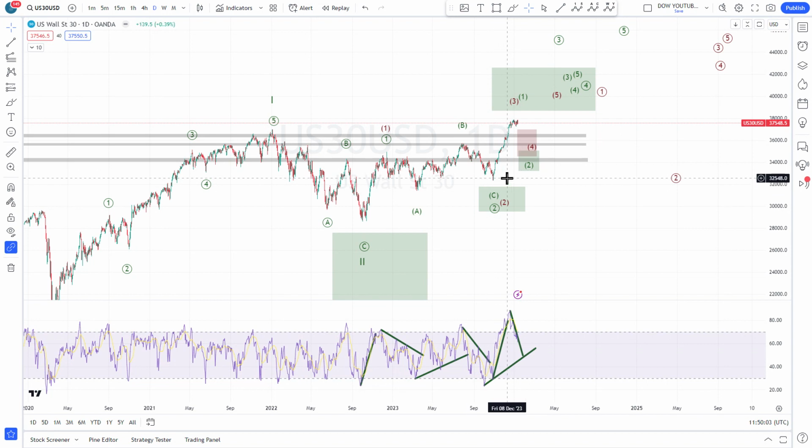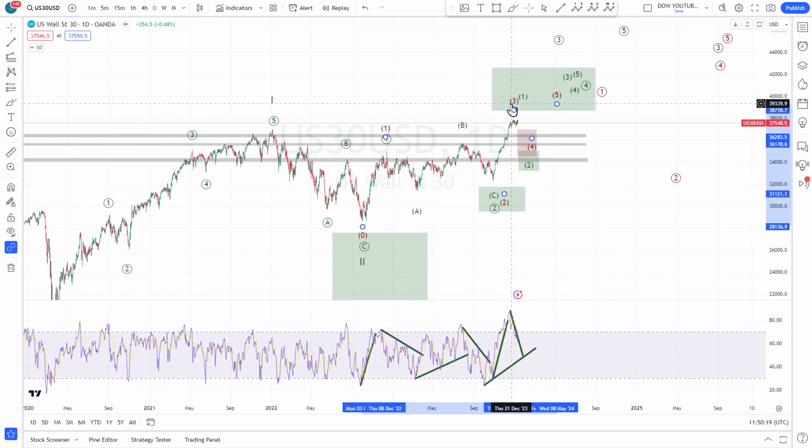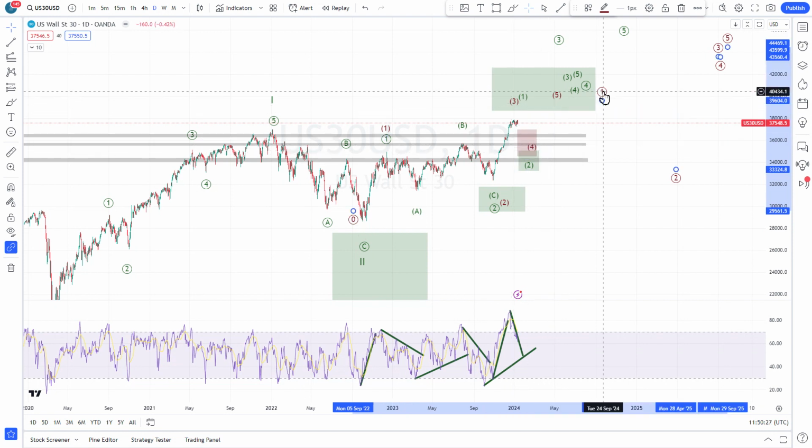So the key fact here in the daily is that from this low we started a new cycle, a new impulse, and this impulse or cycle will either be a wave 3 as shown here in red, and then we should expect wave 4 and wave 5 to end this structure as a leading diagonal, or the impulse or new cycle from the low right here will be a wave 1, and then this is actually way more bullish.